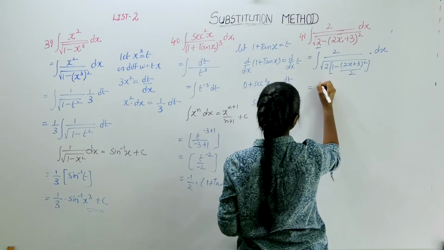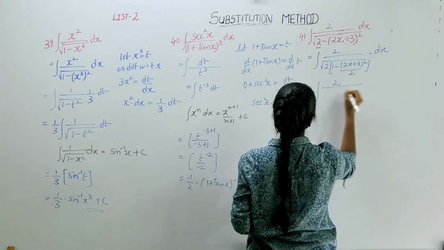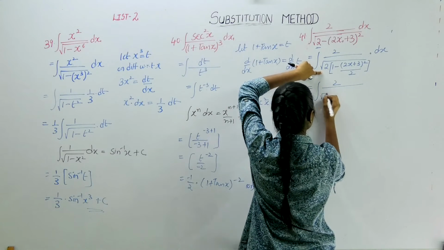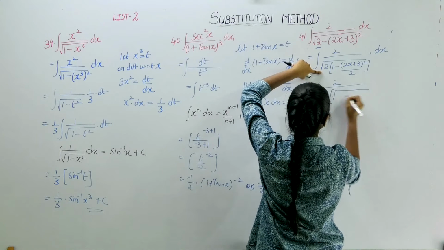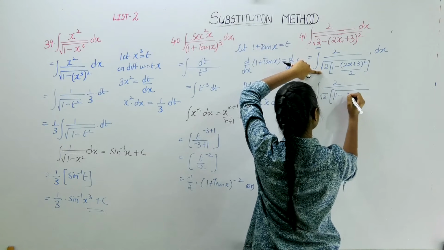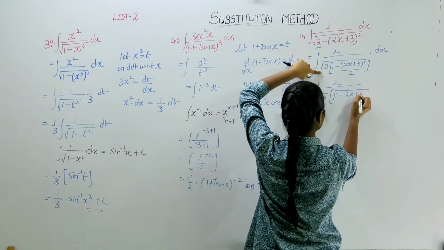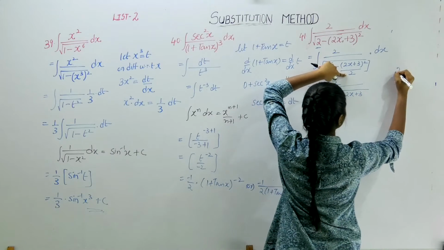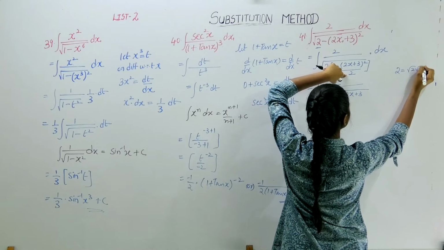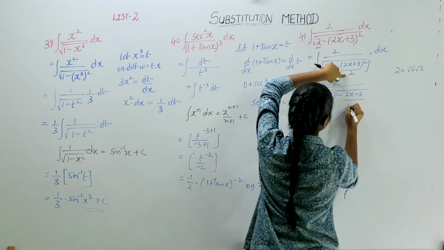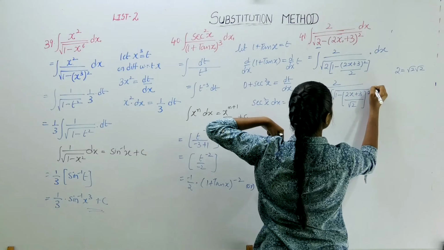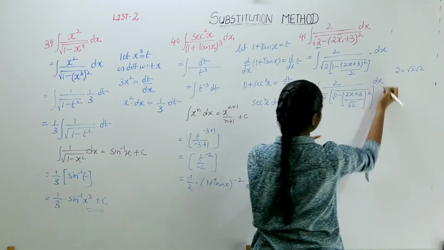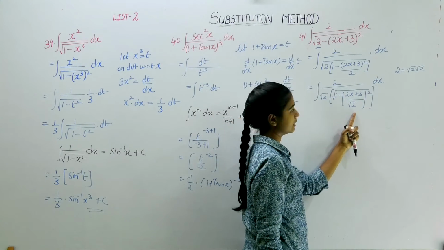It is equal to integral 2 by, when we take square root outside, we have square root of 2 into 1 minus ((2x plus 3) by root 2) whole square. We can write the 2 as square root into square root. I have written square root 2 whole square dx. I think everyone has understood this step.